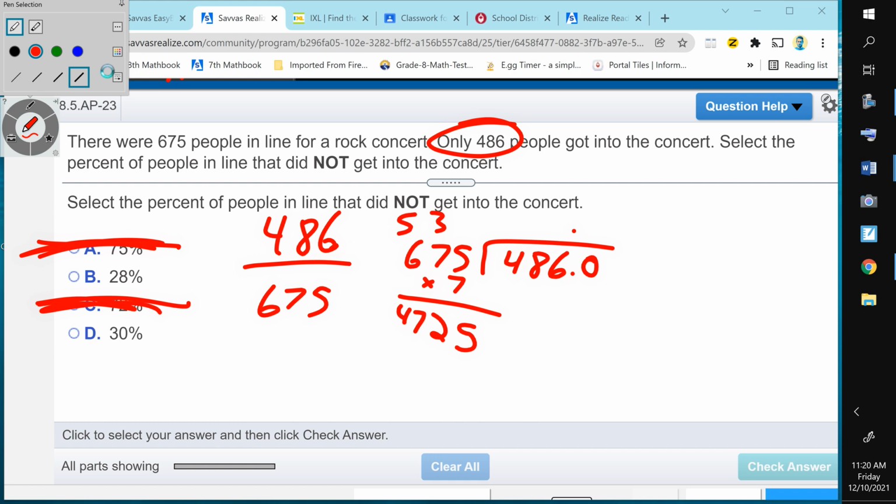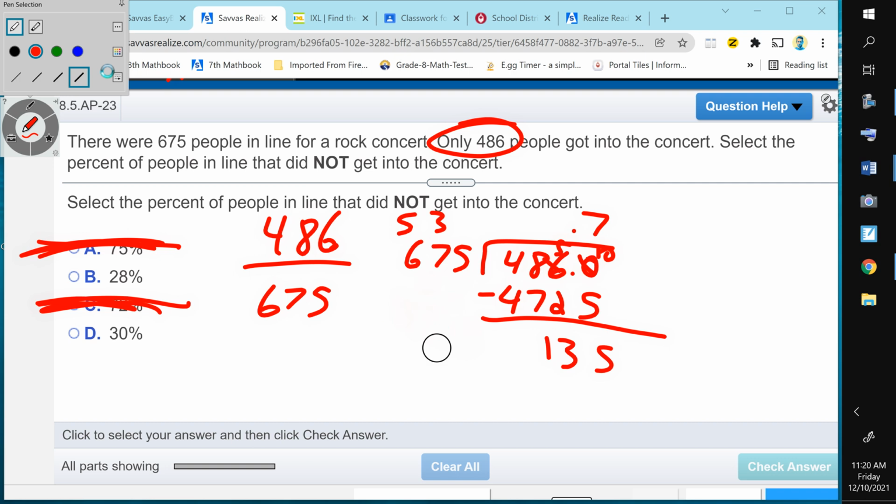Yeah, that's going to be perfect. So subtract. That's a 10, that's a 5, that's a 5, that's a 3, that's a 1. It's 135 is my remainder. And then I'm going to add another 0 here.